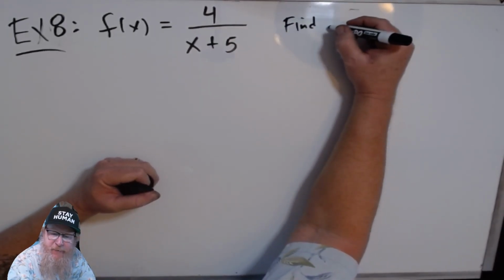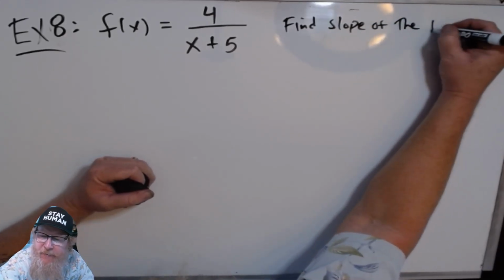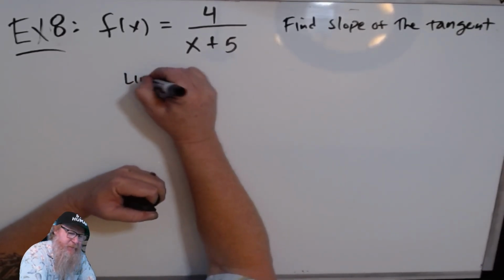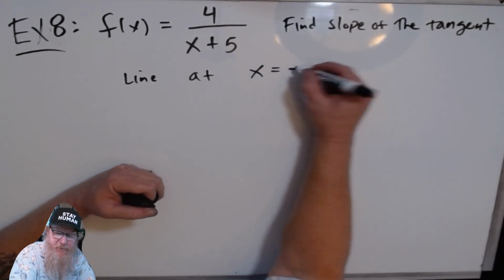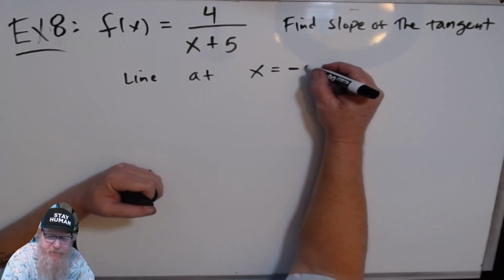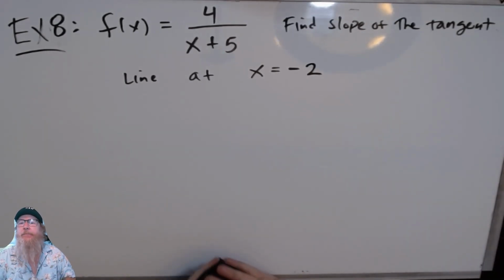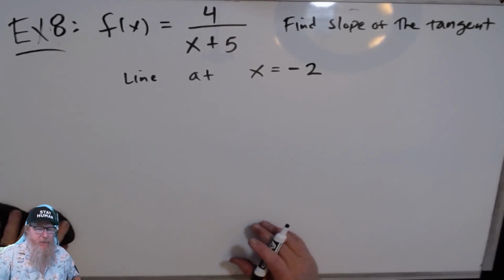Find the slope of the tangent line at x equals -2. Okay. All right, let's do it.